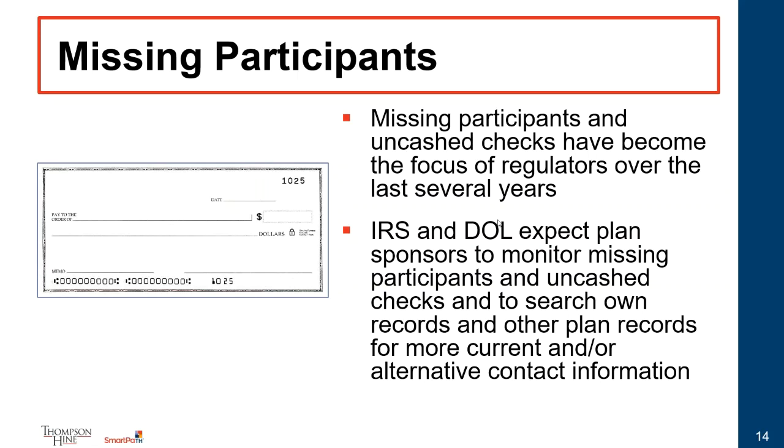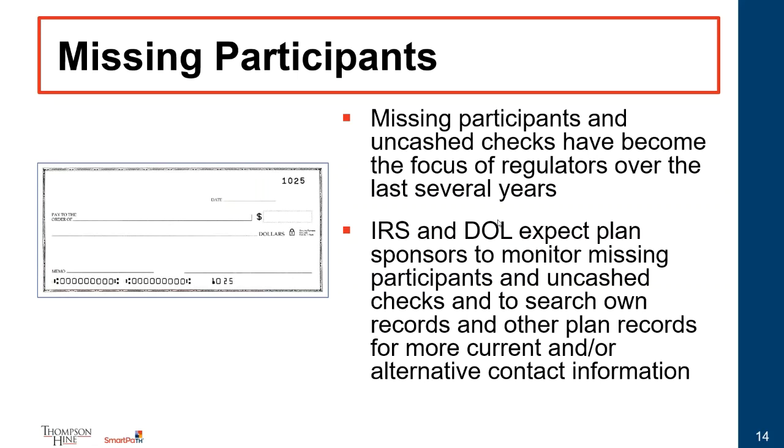Hopefully you're all generally familiar with the fact that qualified retirement plans are subject to certain minimum required distribution rules, which require that distributions be made or at least commence in a certain minimum amount once an individual has attained a certain age. The old rule used to be 70 and a half. Under a new rule impacted by the Secure Act, that age has moved to age 72.